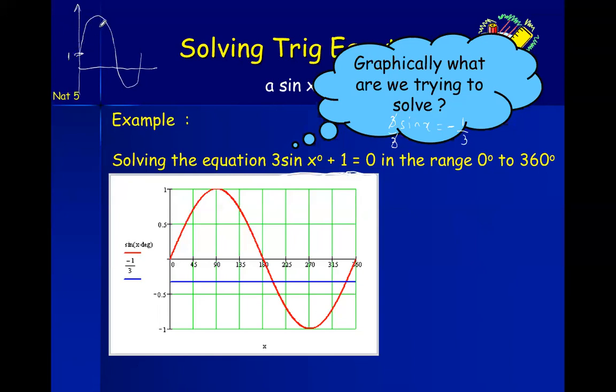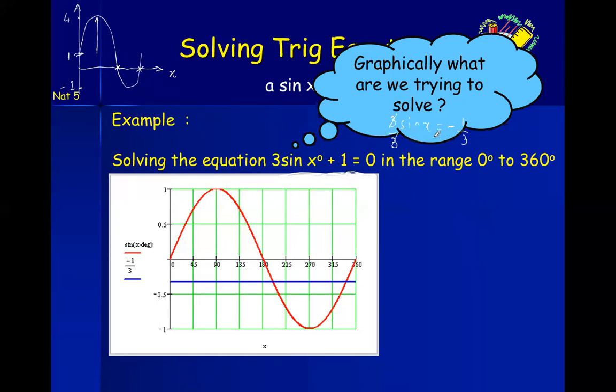That would go to 4, and that would go to negative 2. What we're looking for with 3 sine x plus 1 equals 0 is those 2 points where we cut the x-axis. That's what we're looking for, those 2 answers.